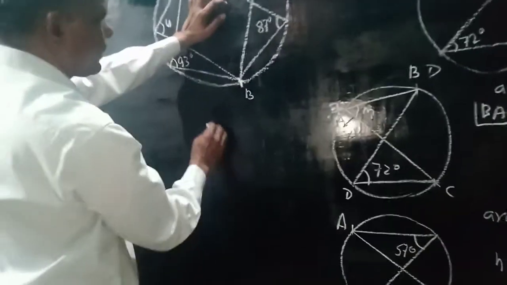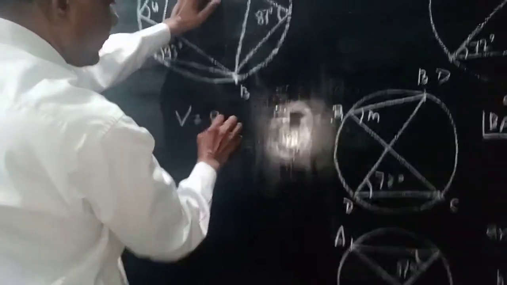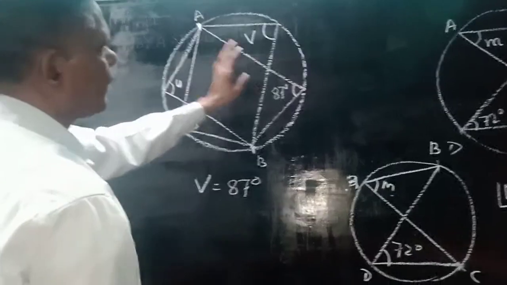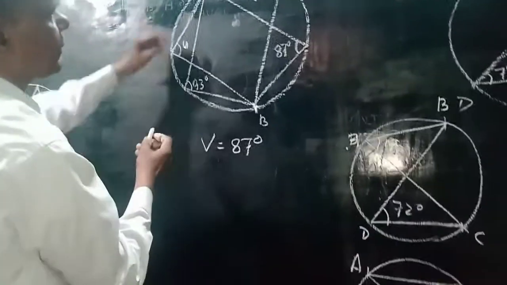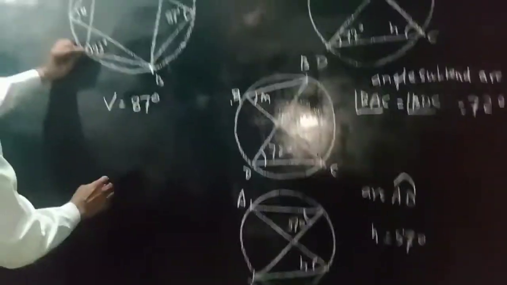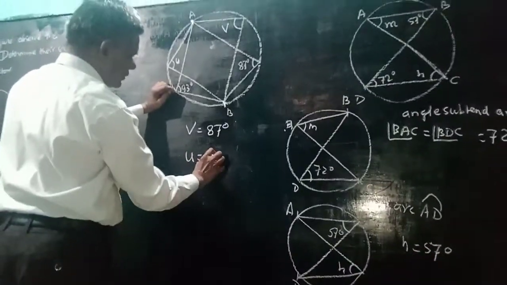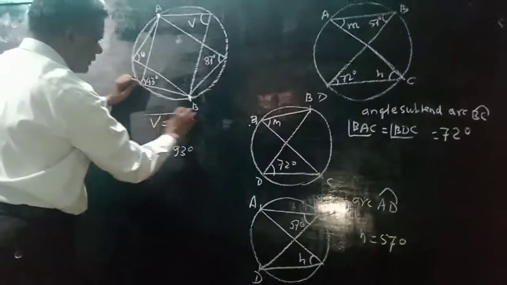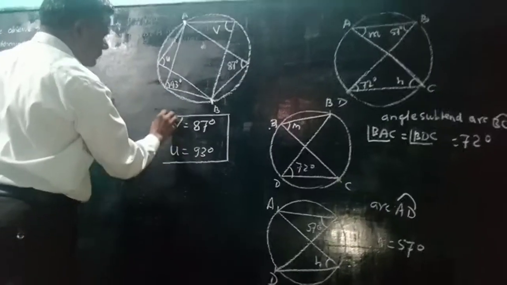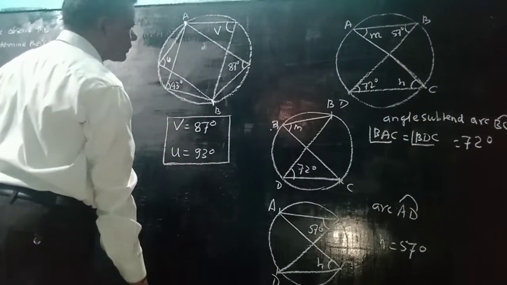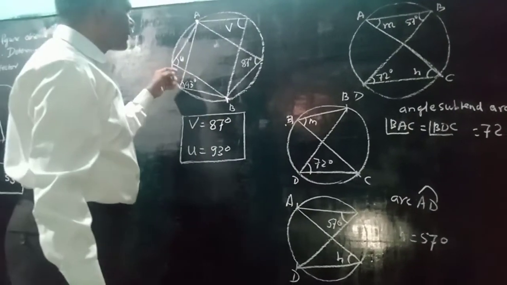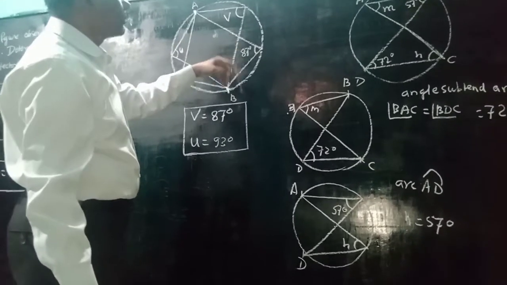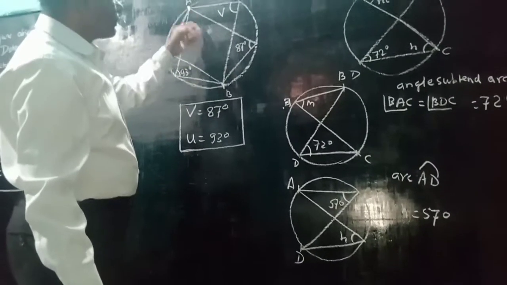So therefore this angle V is equal to 87 degrees. Similarly, for the same arc on this side, this angle is U and this is 93 degrees. So therefore U is equal to 93 degrees. By the property that the same arc subtends equal angles, these angles are equal to this and this angle equal to this, taking the arc AB.